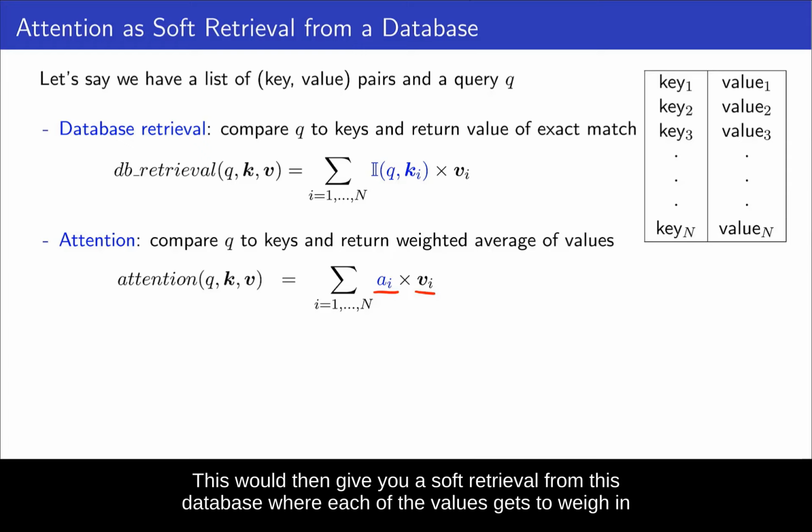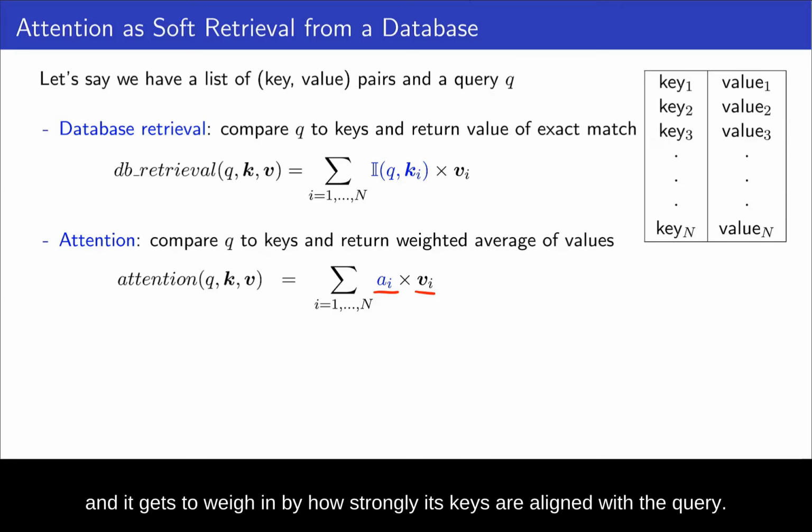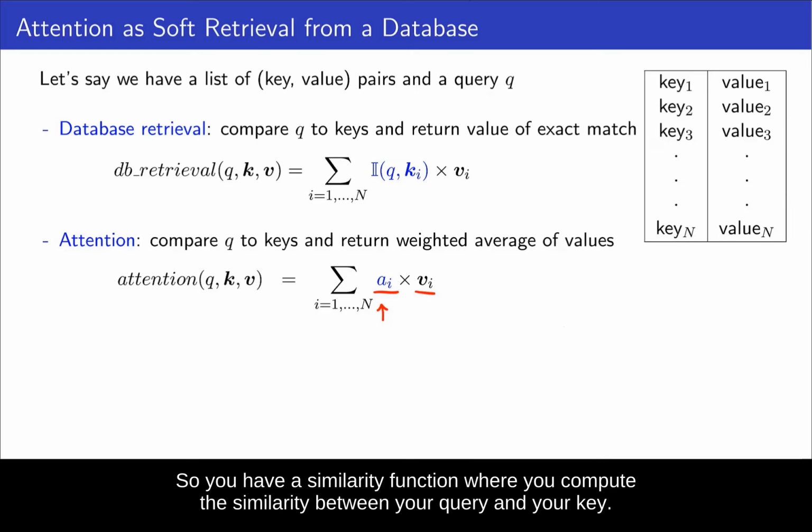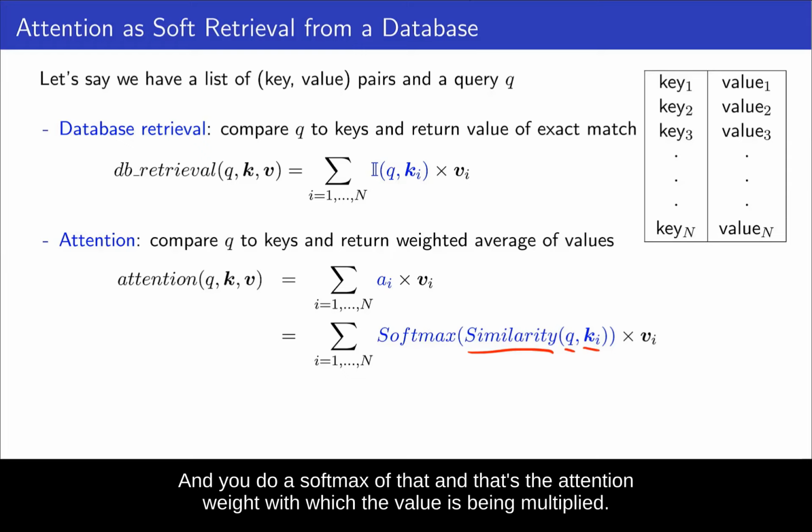This would then give you a soft retrieval from this database where each of the values gets to weigh in, and it gets to weigh in by, well, how strongly its keys are aligned with the query. So you have a similarity function where you compute the similarity between your query and your key, and you do a softmax of that, and that's the attention weight with which the value is being multiplied.